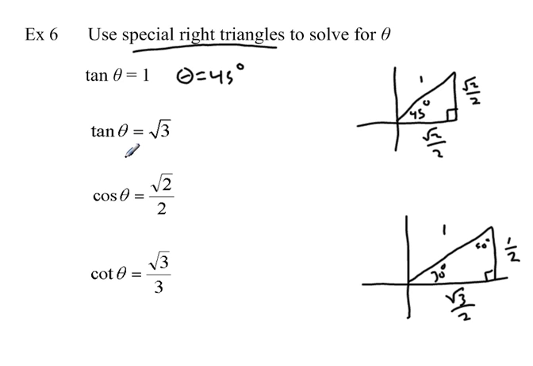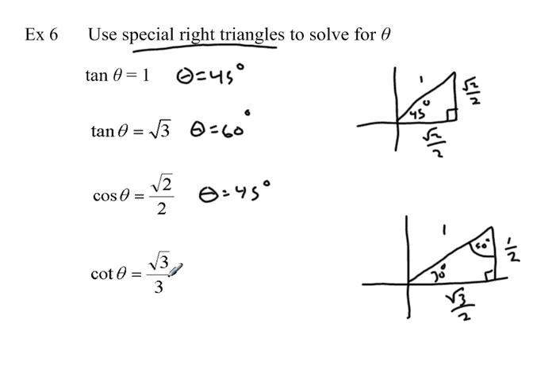Now this one's saying find the angle whose opposite over adjacent equals square root of 3. So it won't be 45. In fact, it won't be 30, but look at this 60-degree angle. Opposite over adjacent. Those 2's are going to simplify, so it's going to be square root of 3 over 1. So the angle that works is 60 degrees. All right, this one. Find the angle whose cosine, whose adjacent, is square root of 2 over 2. That's 45 degrees.